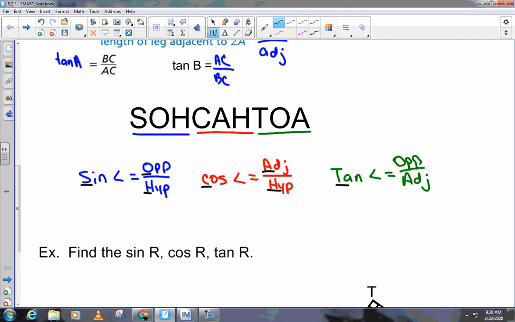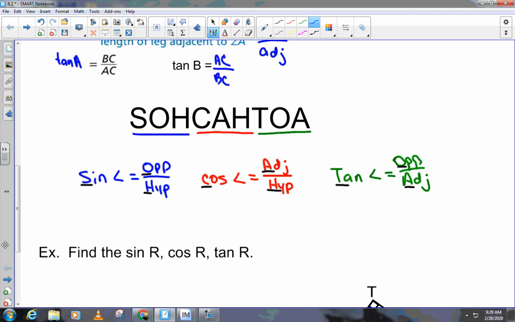So TOA, tangent is opposite over adjacent. And so when you get your test, not only are you going to write those 30, 60, 90 rules and the 45, 45, 90 rules, you're going to write SOHCAHTOA, okay? So right now, we're going to just talk about how to set these fractions up.